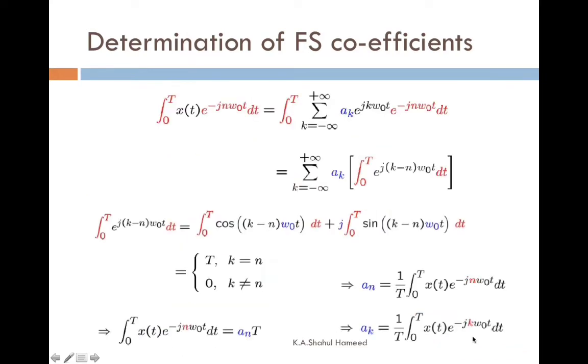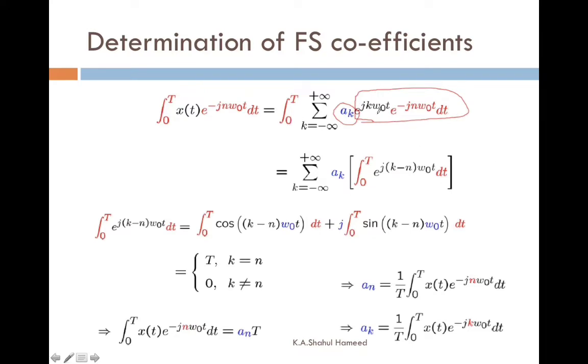Now I'm going to consider these two exponentials which are multiplied. I can combine them, and I can also interchange the integration and the summation. Of course we know that a k is constant, so I'm going to take it outside, and place the integration inside the summation.